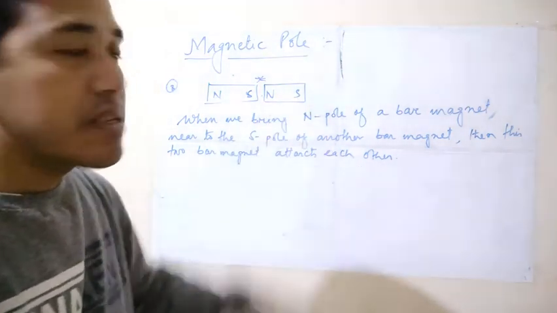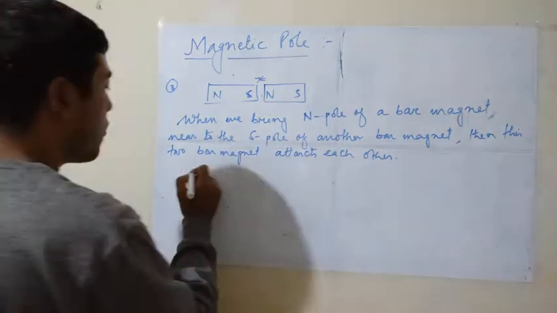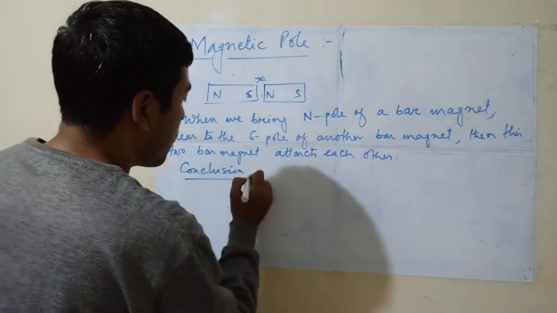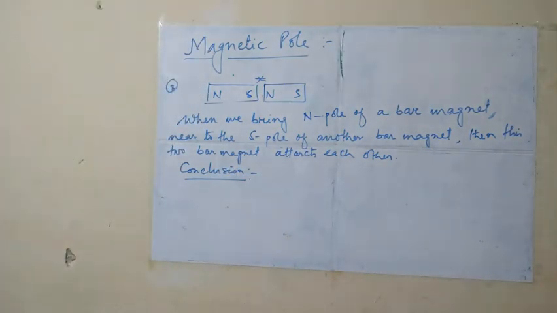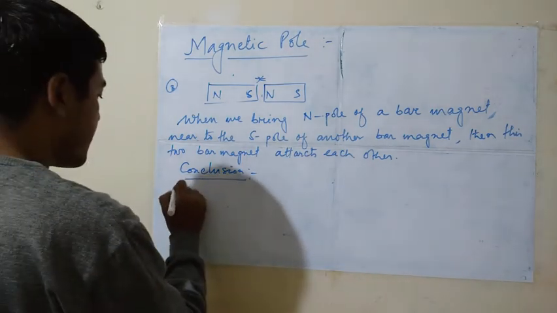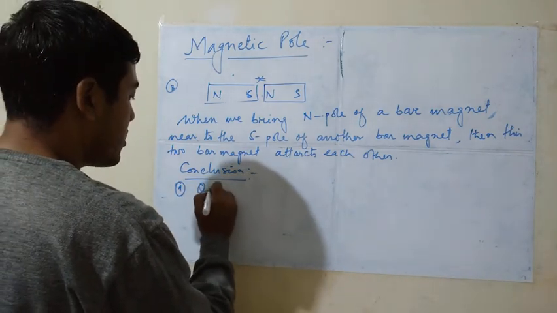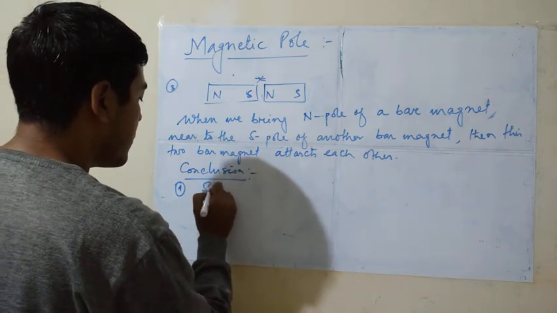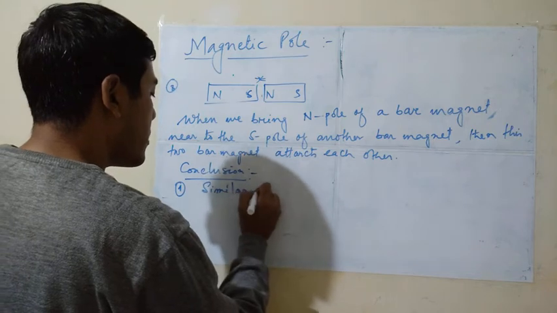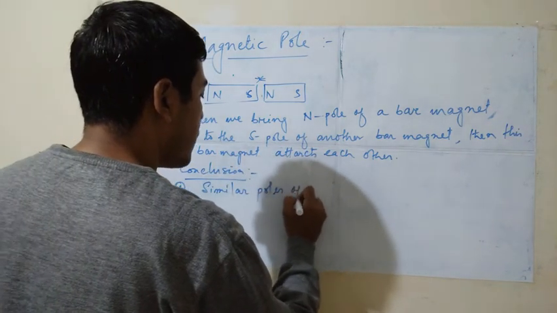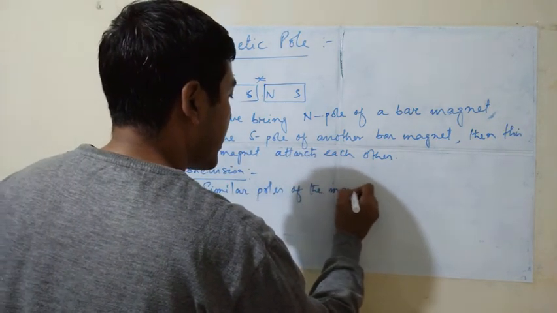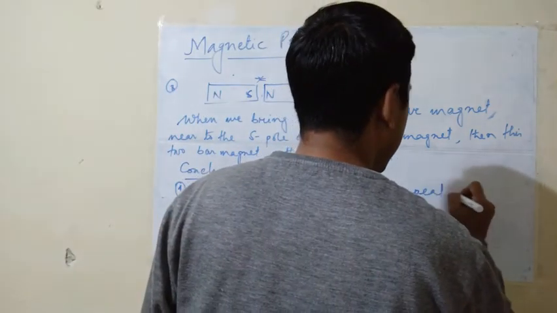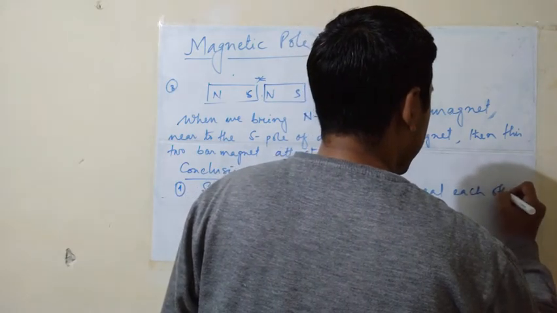Right? From this activity we can form conclusions. What are the conclusions we can draw from these three activities? The first one: similar poles of the magnets repel each other.